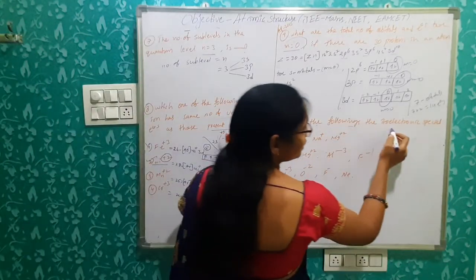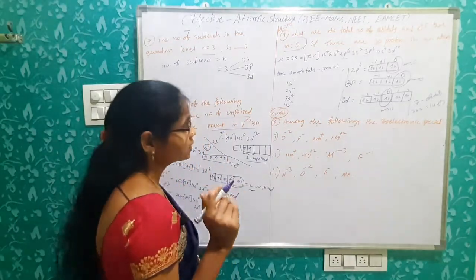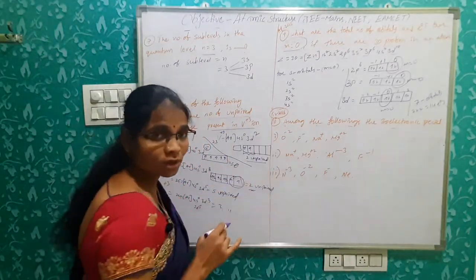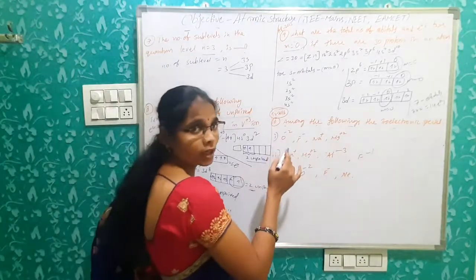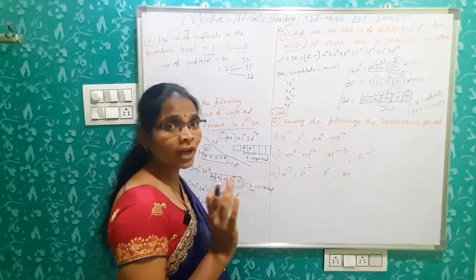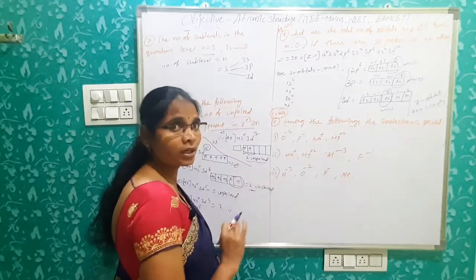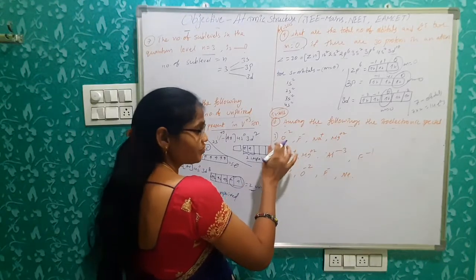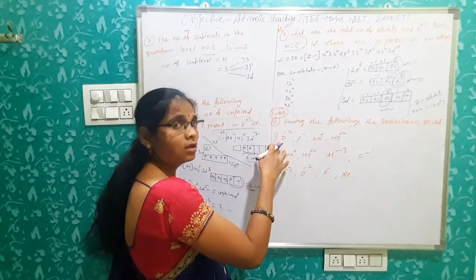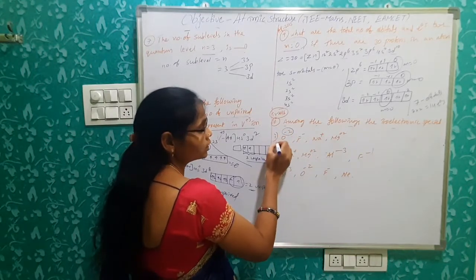Among the following isoelectronic species. Isoelectronic species are nothing but a group of atoms or ions that have the same number of electrons or the same electronic configuration. You have to select. O minus 2: oxygen has 8 electrons, and by gaining 2 electrons, 8 plus 2, it has 10 electrons.